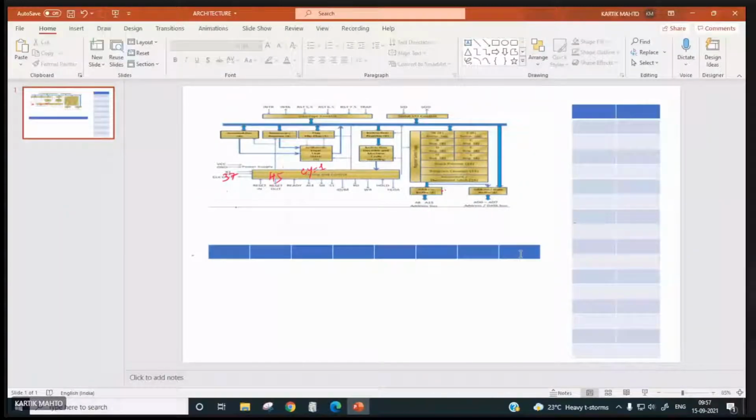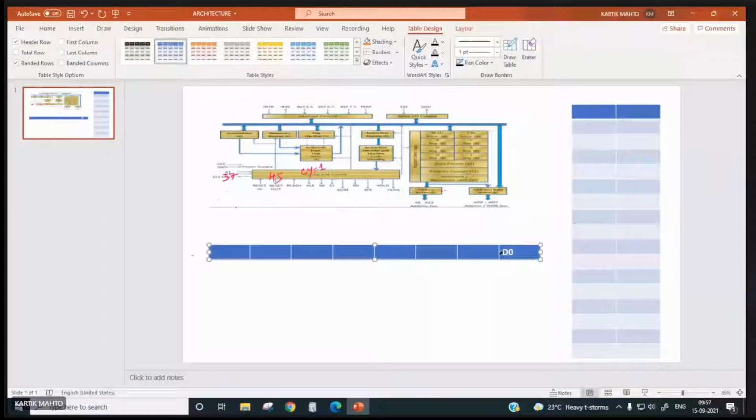So this is D0, this is D1, this is D2, this is D3, D4, D5, D6, D7, right?